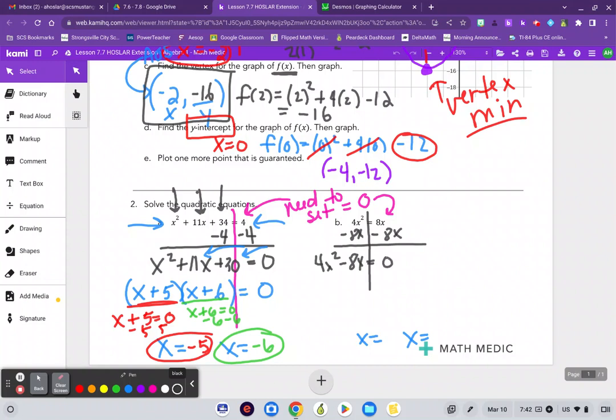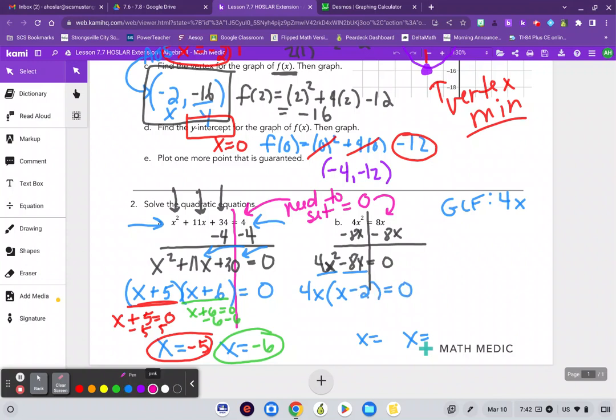Okay? And I notice that I don't have a constant, but I do have a GCF. It looks like they both have 4 in common, and they also have an x in common, okay? So I'm going to divide that 4x out. If I divide this by 4x, I'd have 1x left over. And if I divide this by 4x, I have a minus 2 left over equals 0.